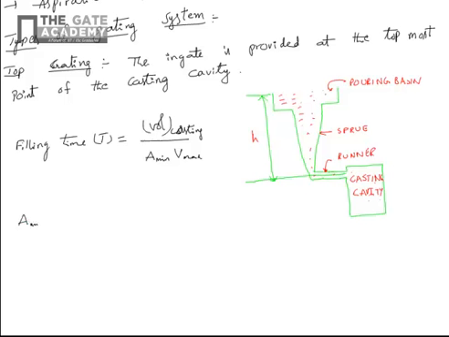A minimum equal to the minimum of area of sprue, area of runner, area of ingot. V maximum equal to root 2 GH.